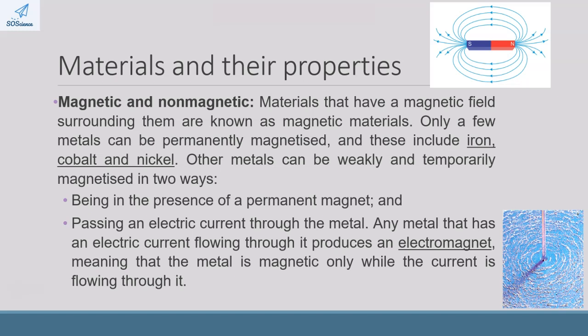So how do we magnetize a metal? Well, either we have to put it in the presence of a permanent magnet. We can rub it with a permanent magnet as well.